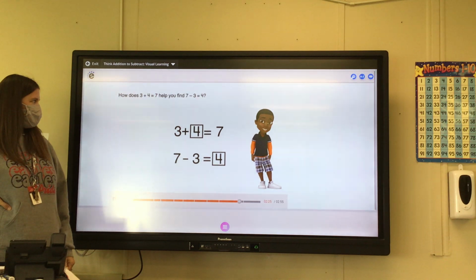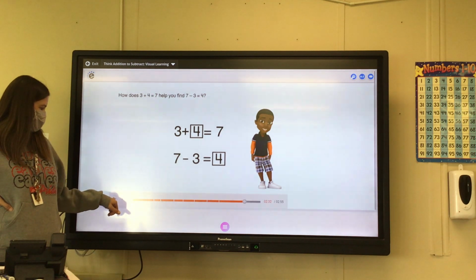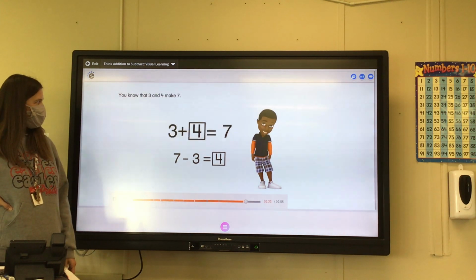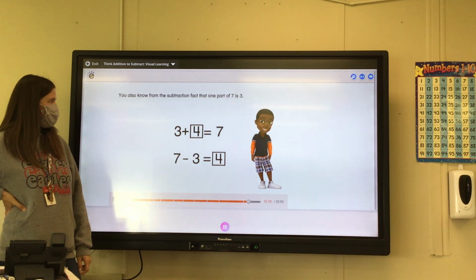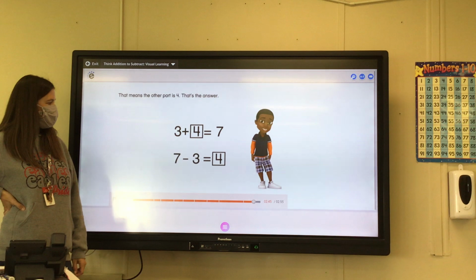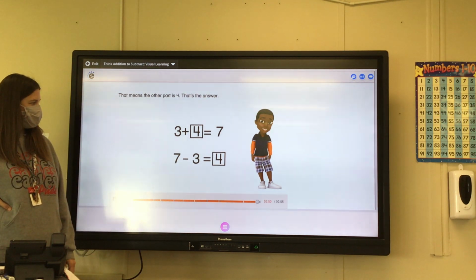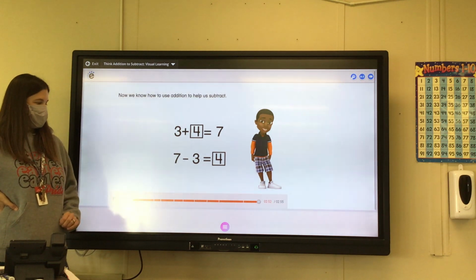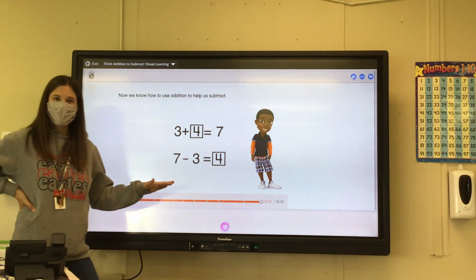How does 3 plus 4 equals 7 help you find 7 minus 3 equals 4? You know that 3 and 4 make 7. You also know from the subtraction fact that one part of 7 is 3. That means the other part is 4. That's the answer. Now we know how to use addition to help us subtract. Adding can help us subtract the related facts.